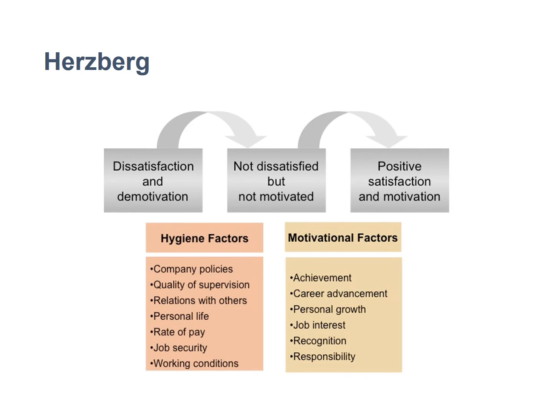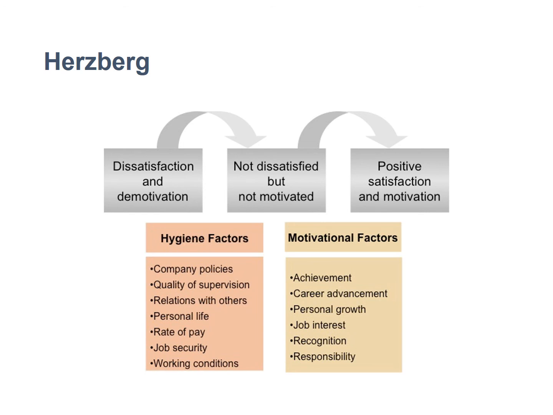Herzberg's two-factor theory is another, in terms of his hygiene factors and motivating factors. What Herzberg was basically saying was that you have various factors which motivate people. So someone can feel motivated, but at the same time you can be a little bit unhappy, because there are hygiene factors that make you slightly unhappy.